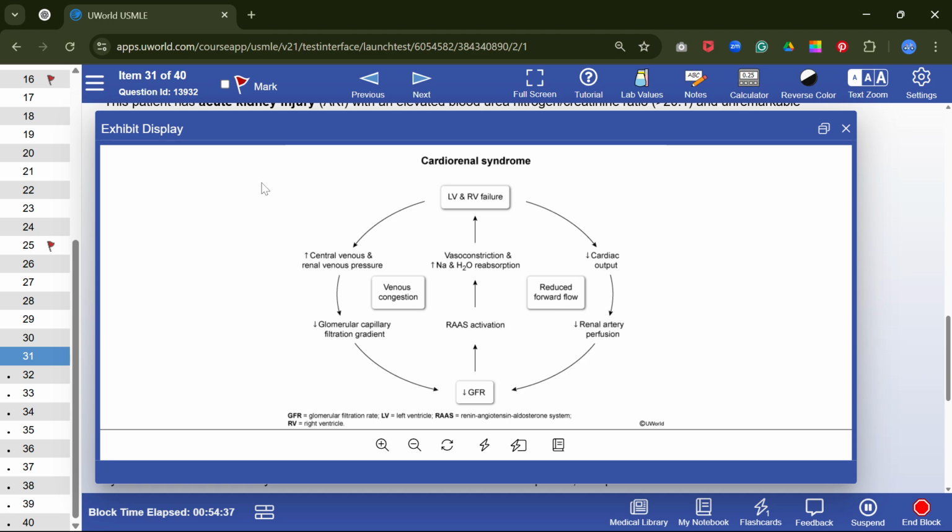Decreased GFR will activate the RAS, so sodium and water will be reabsorbed. More and more sodium and water will be reabsorbed, and there is vasoconstriction, which will worsen left and right ventricular failure. That will decrease cardiac output and renal artery perfusion, and again decrease GFR and activate RAS. So venous congestion and reduced blood flow are the two mechanisms.